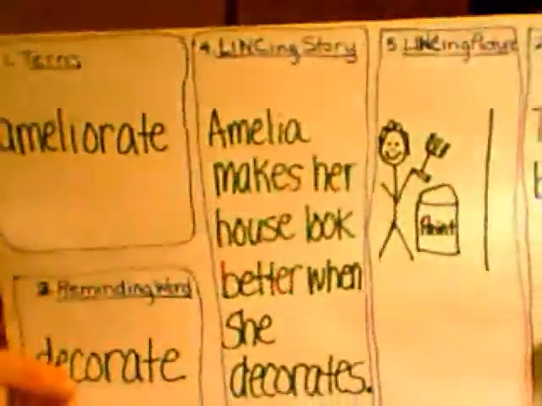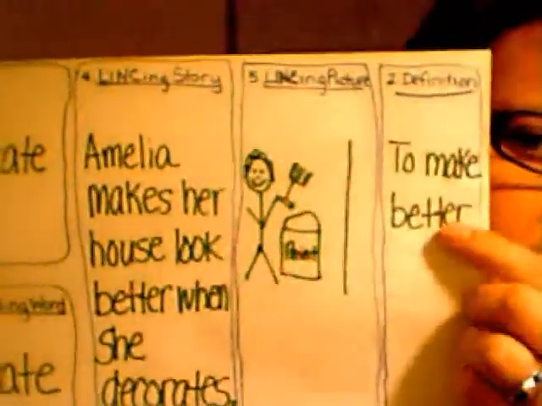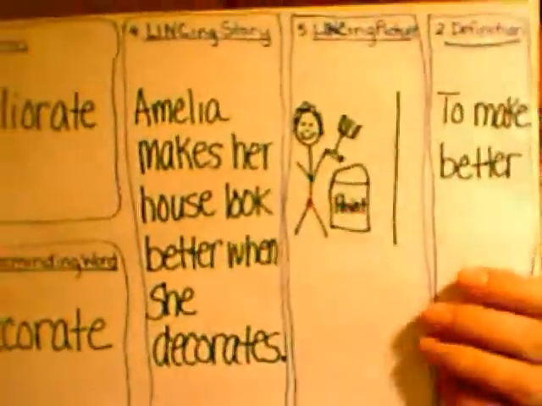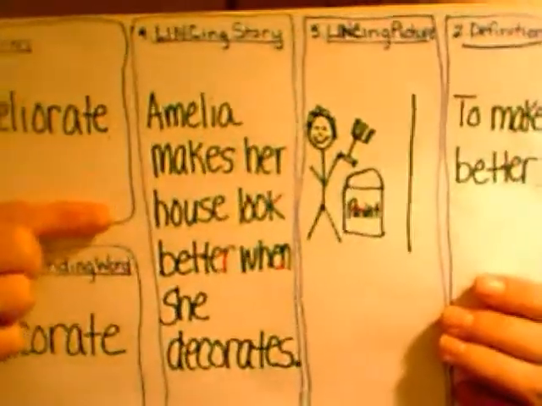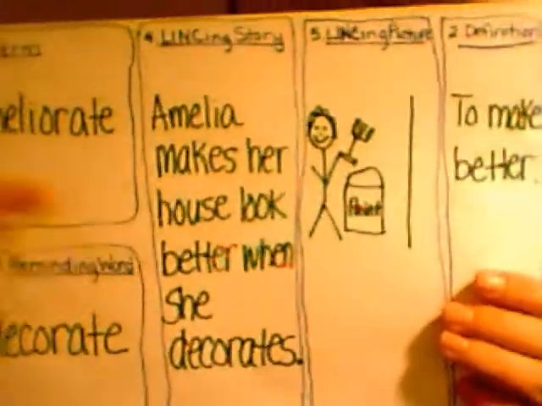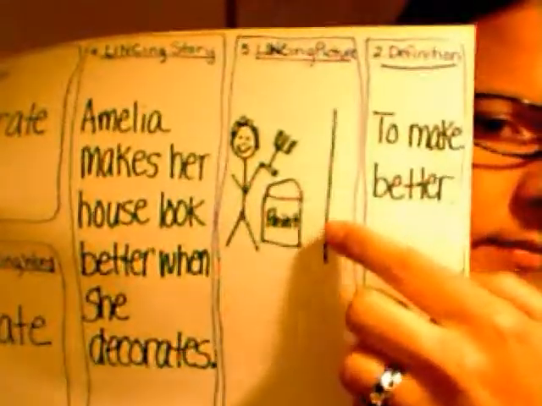We have the reminding word, which is decorate. The definition is to make better. And then we have our story. Amelia makes her house look better when she decorates. And then we have a picture, and she's painting her wall. Okay, so now, when we think about this, we can think about our friend decorating her house.